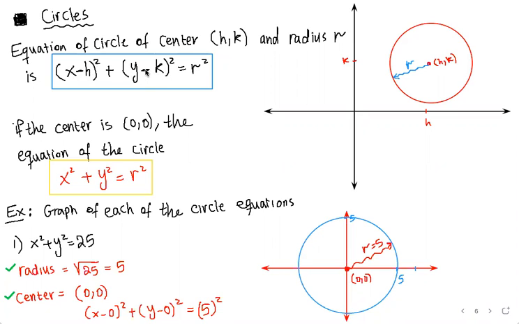So the minus sign comes from the equation, and it changes the sign of the original coordinates. Yes, exactly.